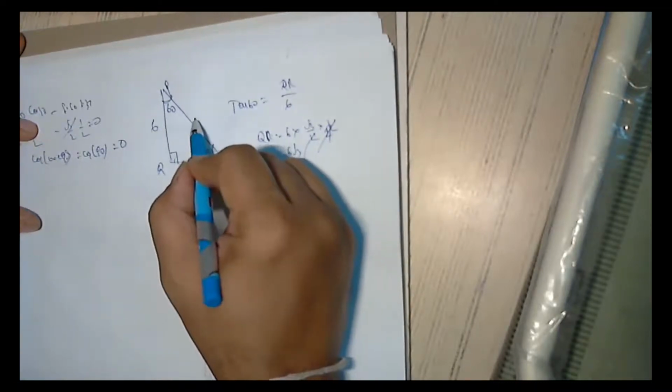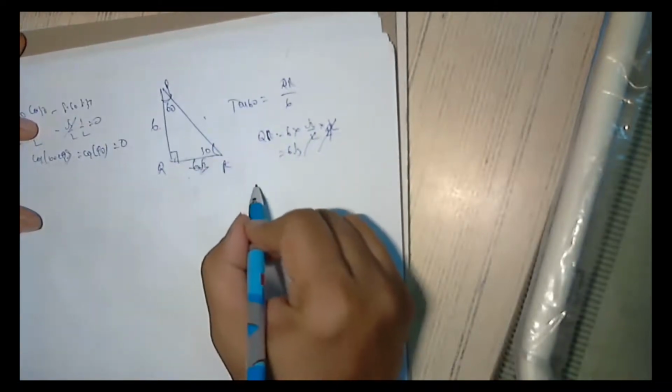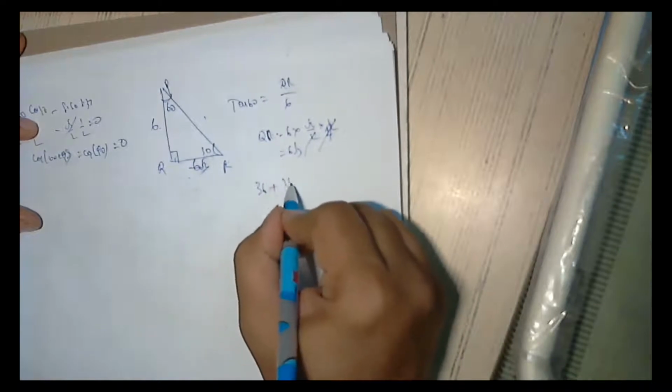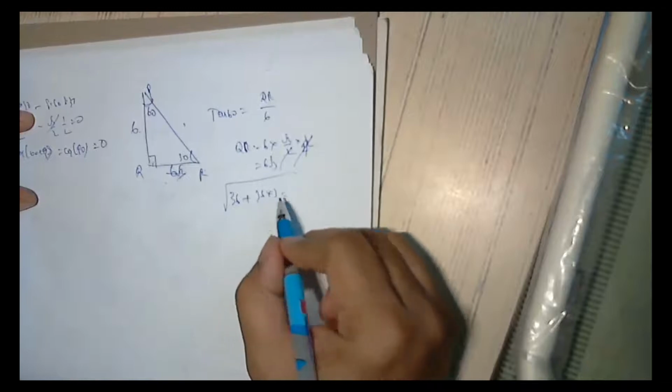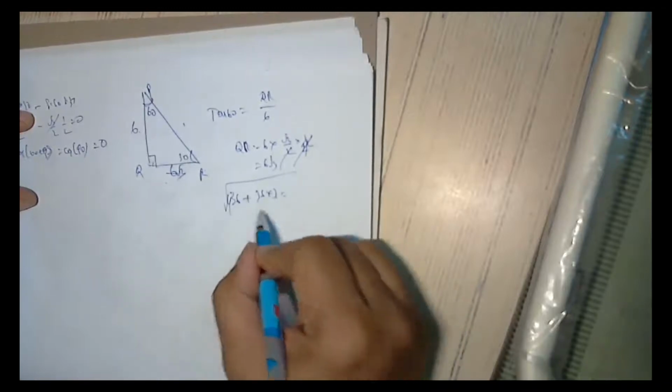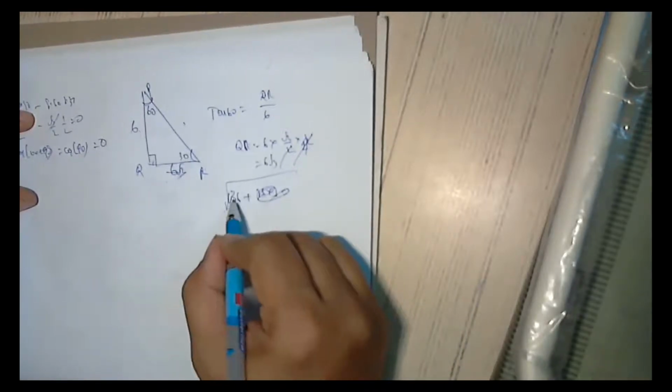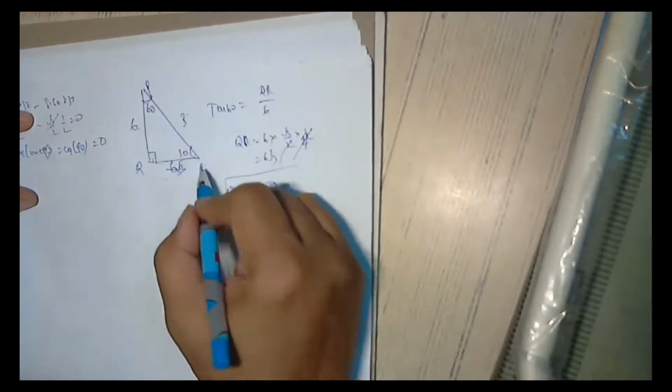Now what is this value? A square plus B square is C square. So 36 plus 36 into 3, under root. That is 4 into 36. When I put the root, 2 into 6 is 12. The answer is 12.